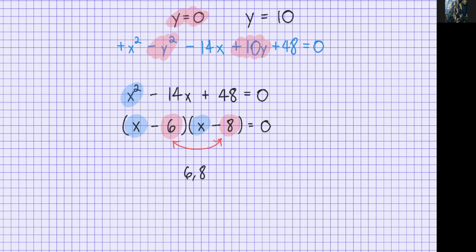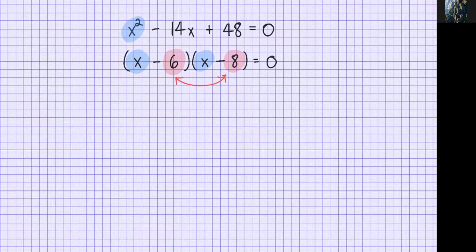So now I have my trinomial factored. So now I can write them as individual factors or terms, and I equal them to 0. So I find that x will be equal to 6 and x will be equal to 8.